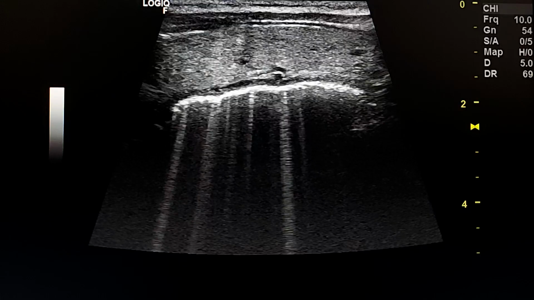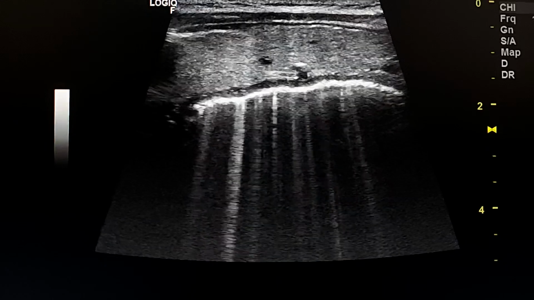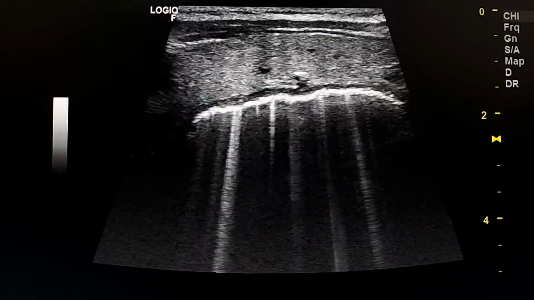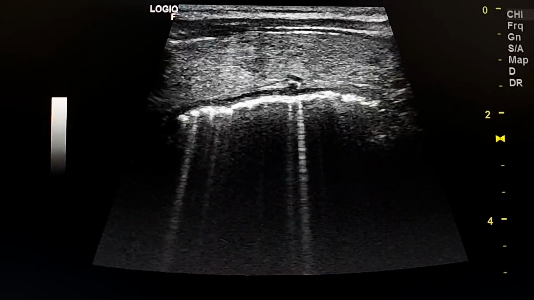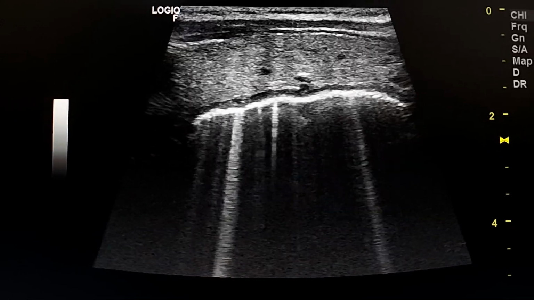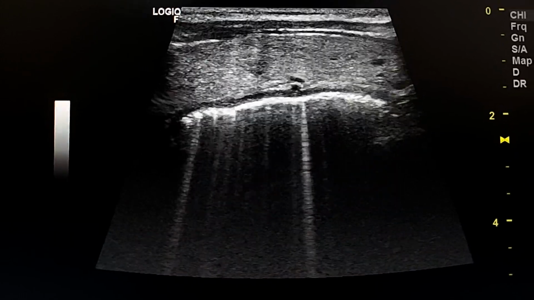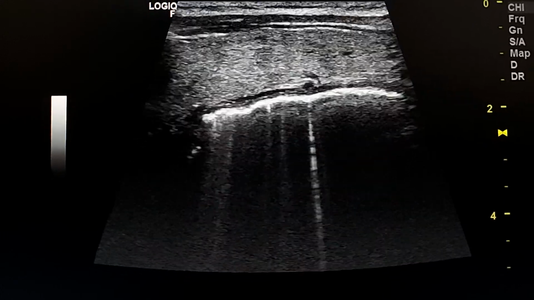esophagus here, and here a longitudinal section of the right lobe. We see the anterior wall and the echogenic line behind it, and comet-tail artifacts, which means that this echogenic line is intraluminal gas.